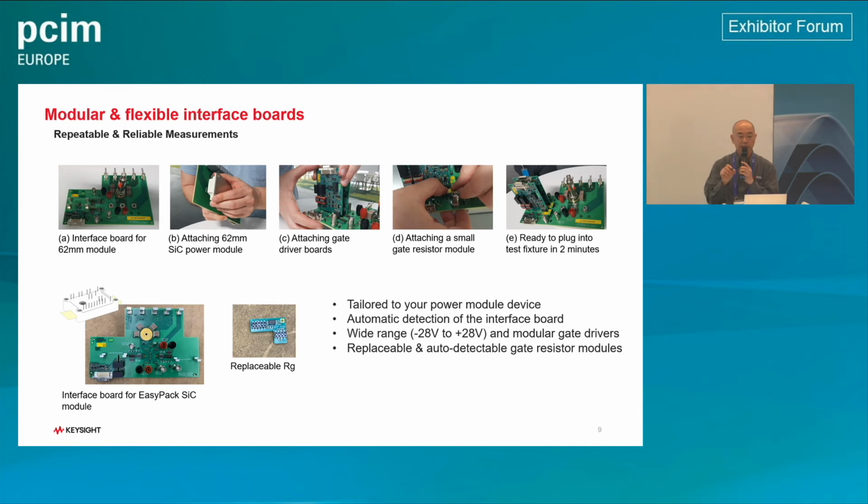And changing the gate resistor is very important to accurately and deeply characterize the power module. Both the interface board and the small gate resistor module have EEPROM mounted, which has all the information like maximum allowable voltage, current, and the gate resistor value, and so forth. The software automatically detects those conditions or limitations.